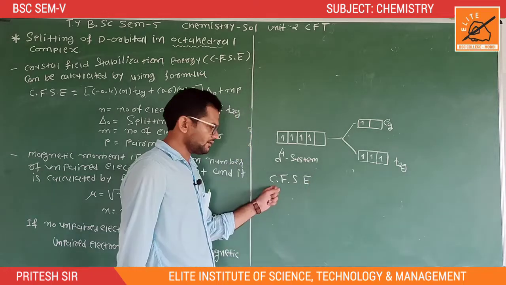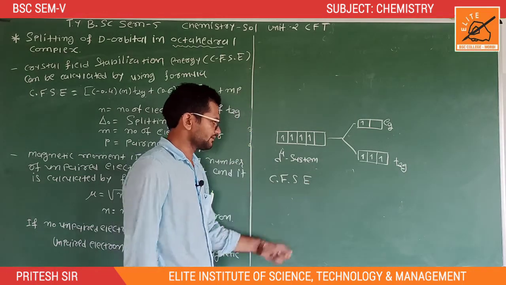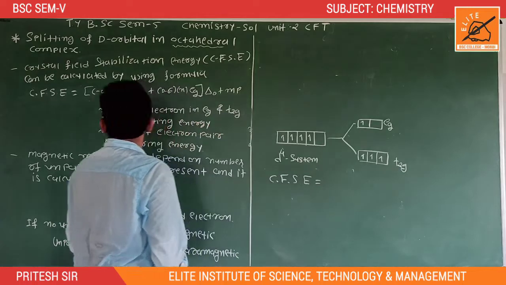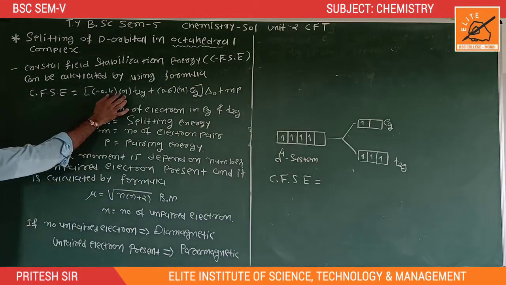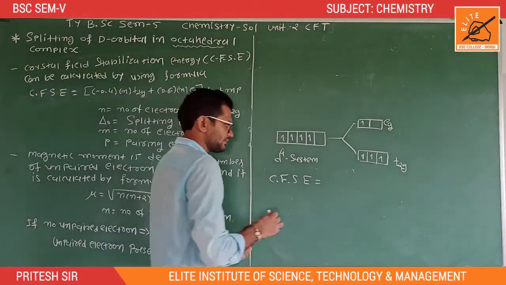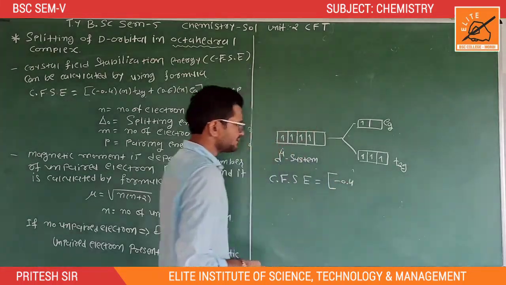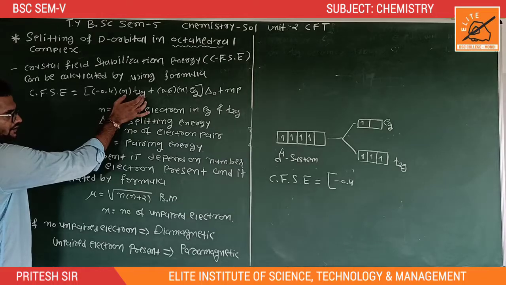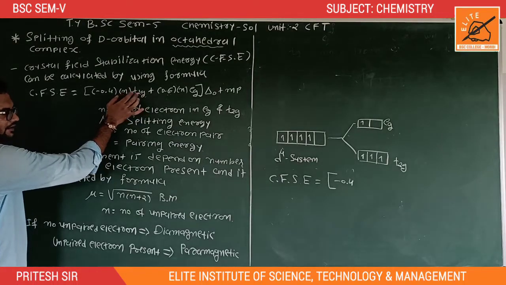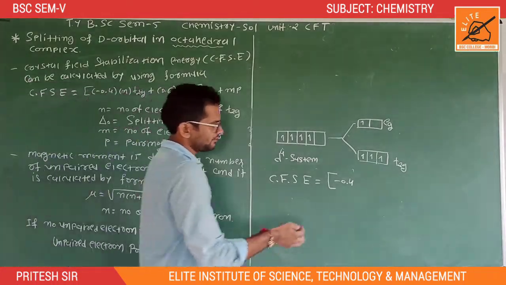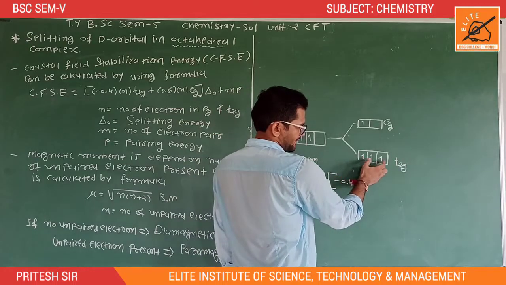CFSE means crystal field stabilization energy. CFSE is equal to minus 0.4 n, where n means the number of electrons in the t2g orbitals. Here three electrons are present in t2g.